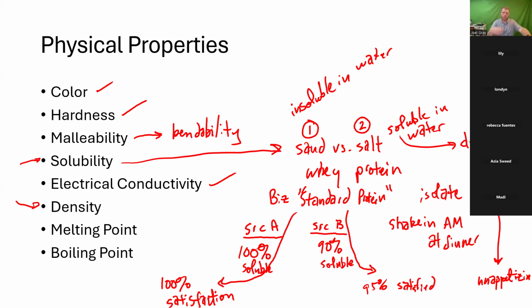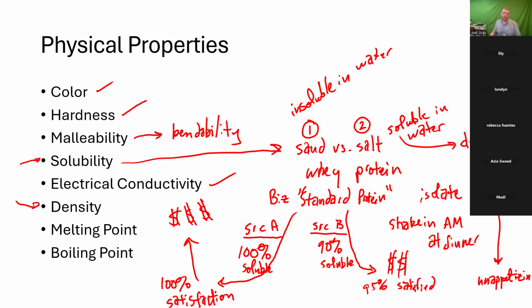So my point here, what I'd like you to understand and appreciate, is that this is a physical property. This is chemistry in action. If your customers are super happy with your product, what's that going to mean? Dollar sign, dollar sign, dollar sign. If only 95% of your customers are satisfied, we'll go with dollar sign, dollar sign.